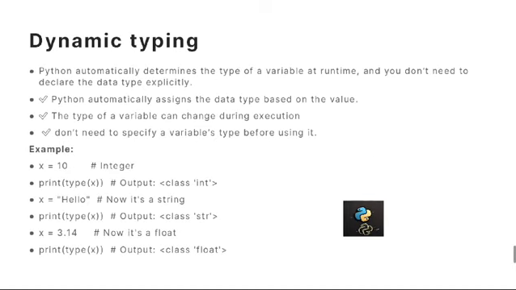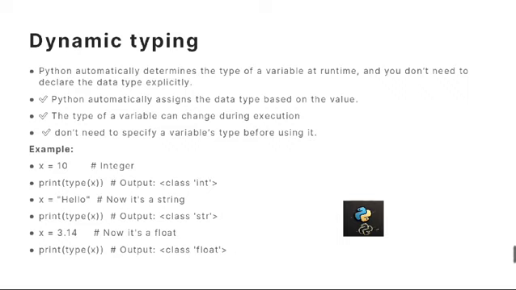Now we will see the special feature of Python, that is dynamic typing. In the earlier slide we saw that we are not going to define any data type while defining the variable name. So Python automatically determines the type of the variable at runtime, so no need to declare any data type explicitly. Python assigns the data type based on the value, and the type of the variable can change during the execution.